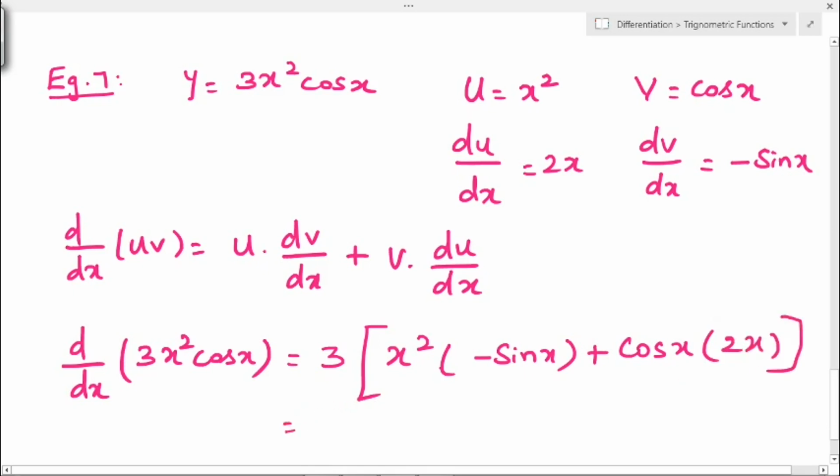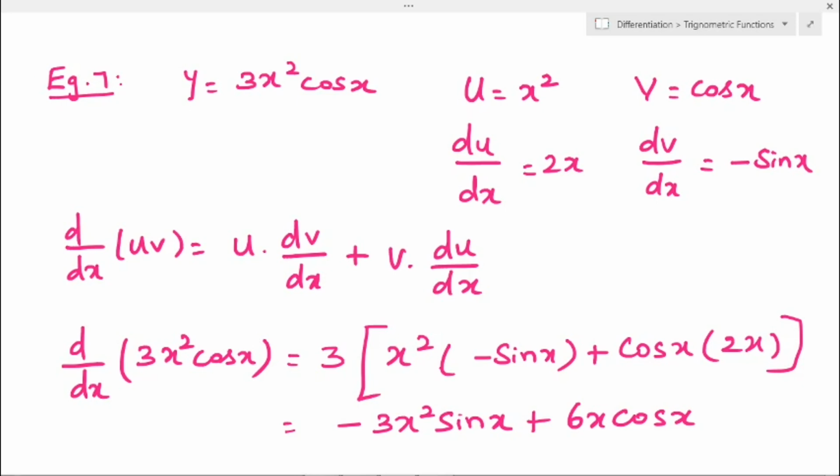So just multiply the values inside. First term 3 into, see here we have x square into minus sin x. So that is minus 3x square sin x. And in the second term we have 2x cos x. So if you multiply with 3, you will get 6x cos x. So the answer is minus 3x square sin x plus 6x into cos x. So this is the derivative of 3x square cos x.